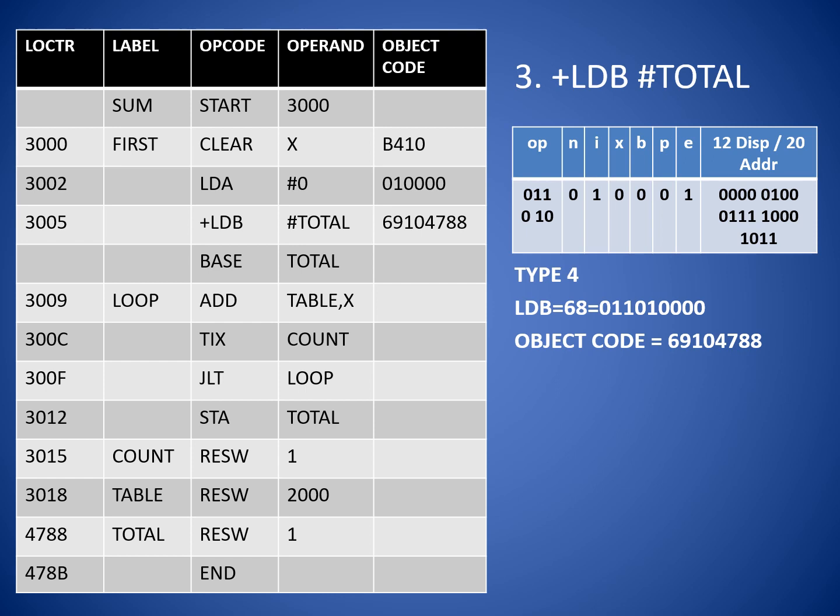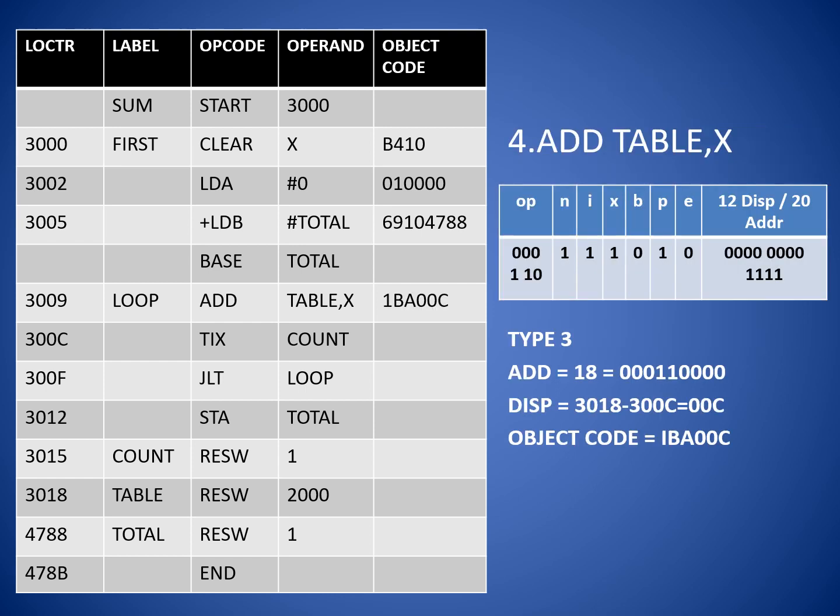Grouping the 4 bits, we get the object code as 69104788. For the fourth instruction, ADD TABLE,X, it belongs to the type 3 format, and the opcode for ADD is 18, which is represented as 00011000 in binary format.